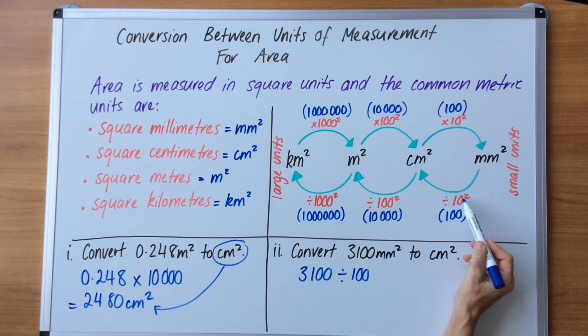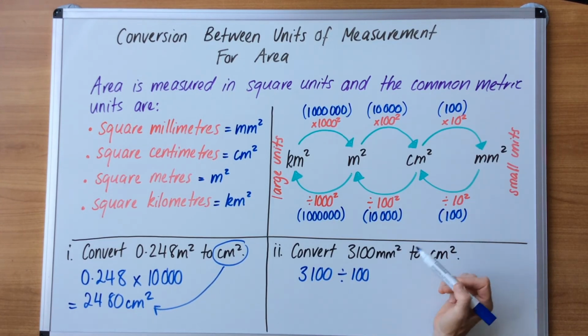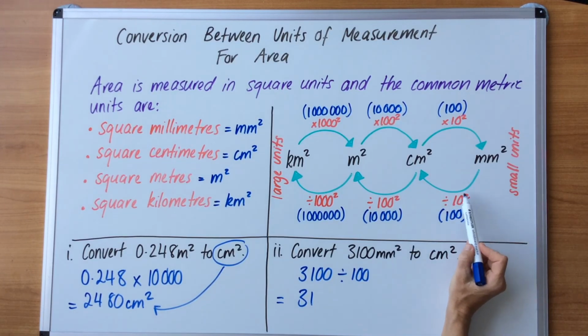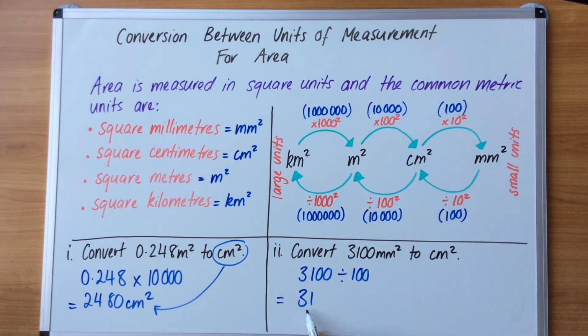You can put 10 squared in, but make sure you calculate correctly. Underneath, working down, I calculate that and I get 31. And as you can see, we're going from small unit to big unit and the number decreases. And again, I must put the centimetres squared in.